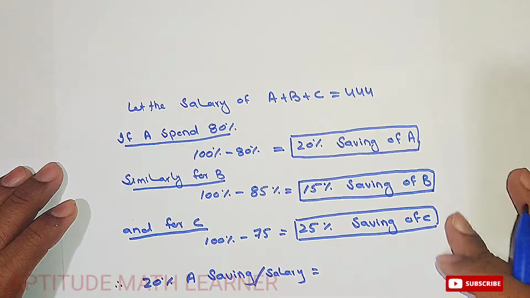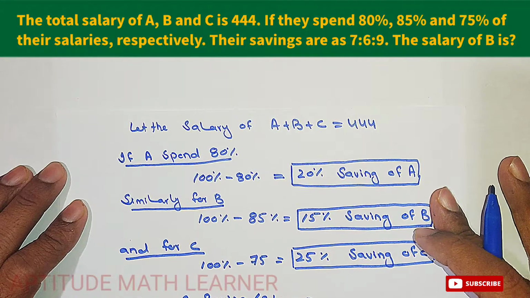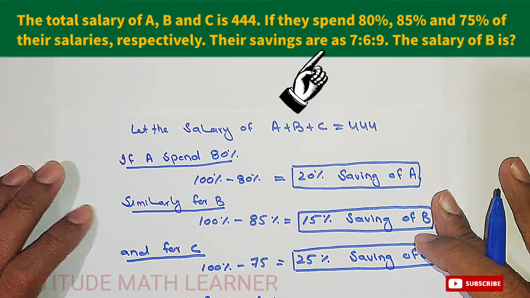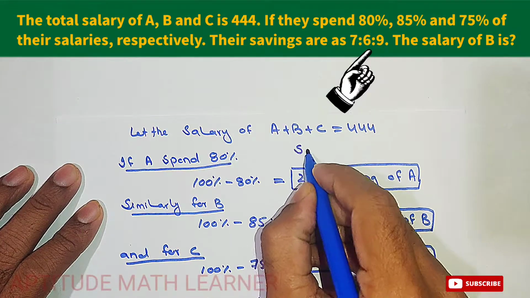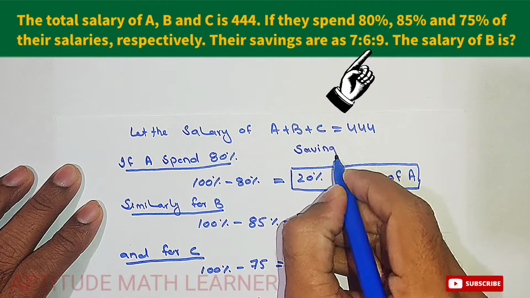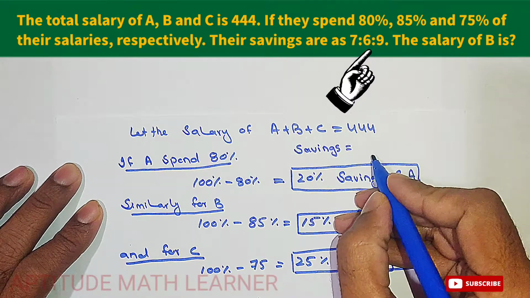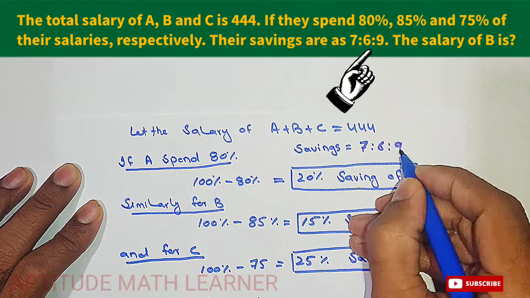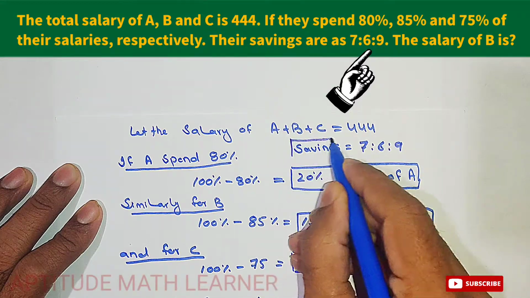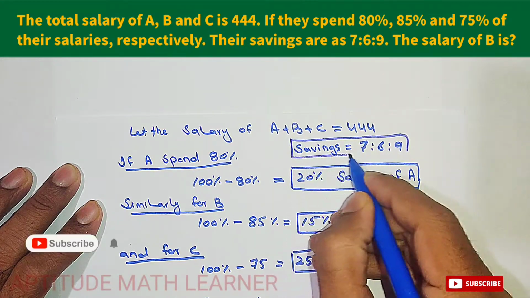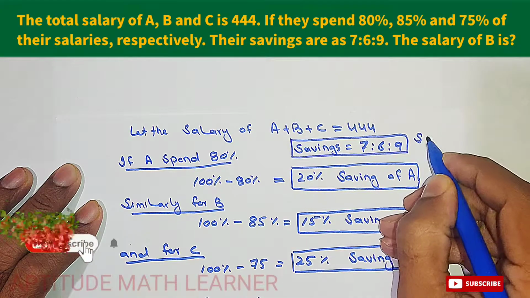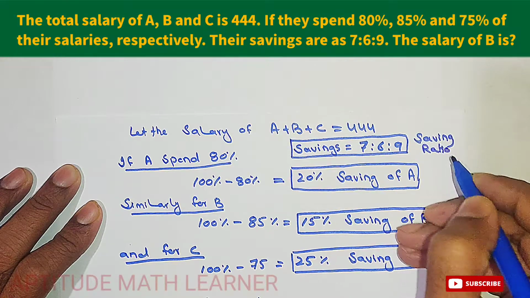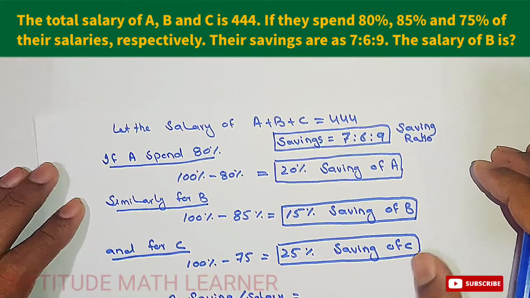You can see in the question that their savings are in the ratio 7:6:9. So this is the saving ratio. I hope till here you have understood it completely.